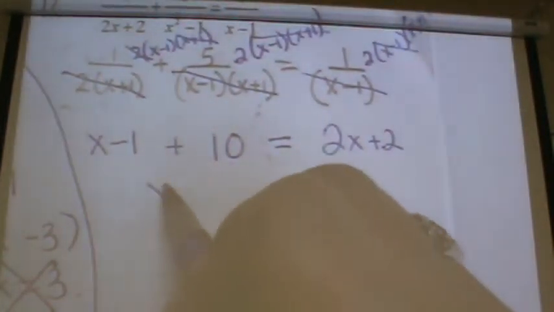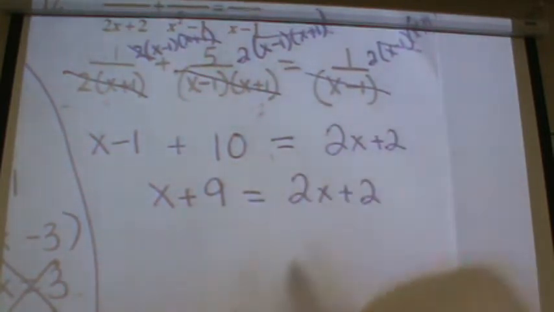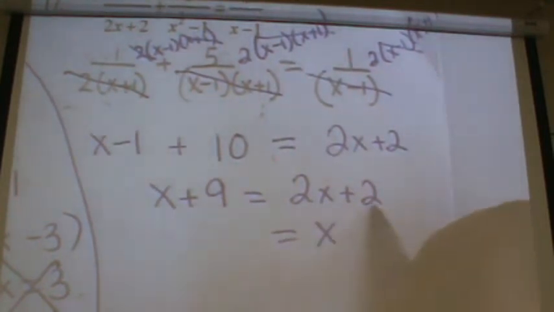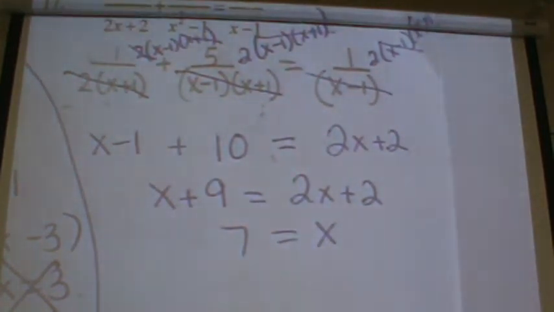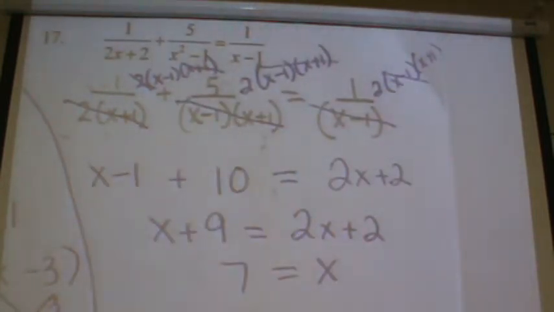Okay, next, what do we get? Solve for x. Okay, I got x plus 9. What else? Subtract x. Subtract 2, what's the answer? X equals 7. Can x be 7? Sure, as long as it's not -1 or 1.